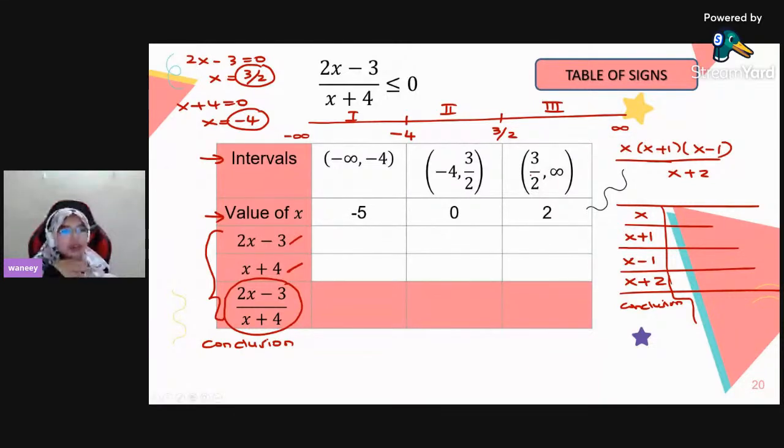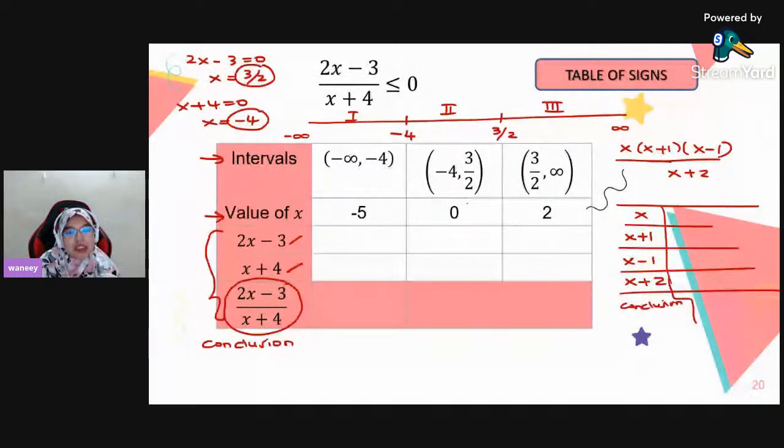And then for the value of x you should choose something that is inside the interval. So yang ini between negative infinity until negative 4, the one inside the interval is negative 5. So I choose negative 5. But if you don't want to choose negative 5, you can choose negative 10, negative 20, negative 100 and so on. So kena tengoklah nombor apa yang dalam interval. So negative 4 up until 3 over 2.